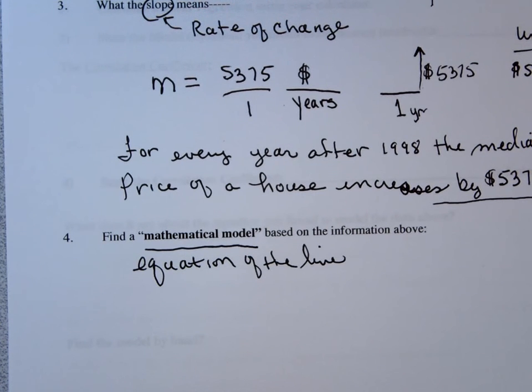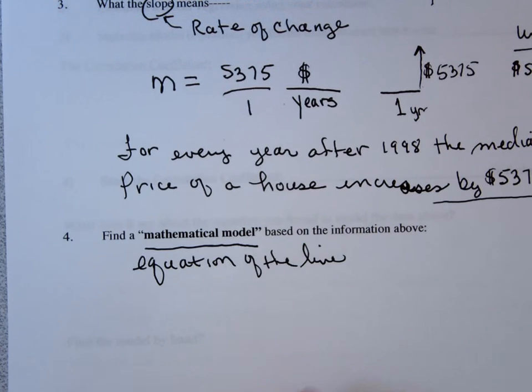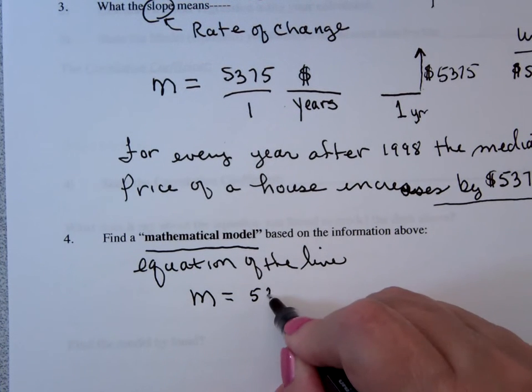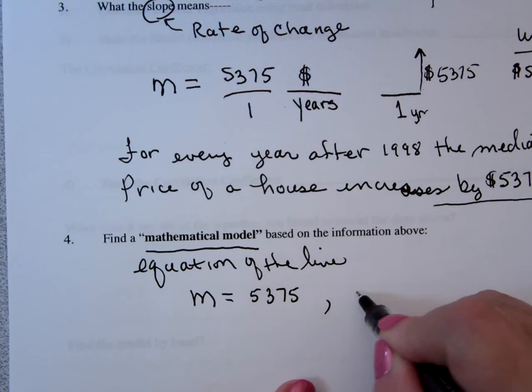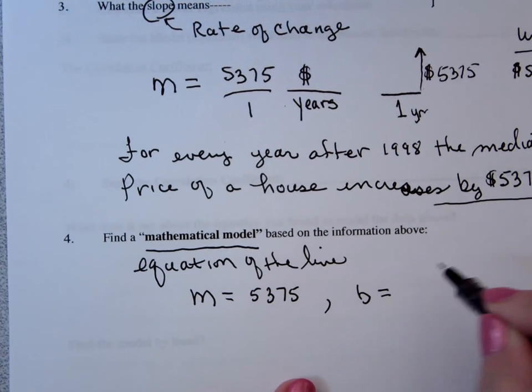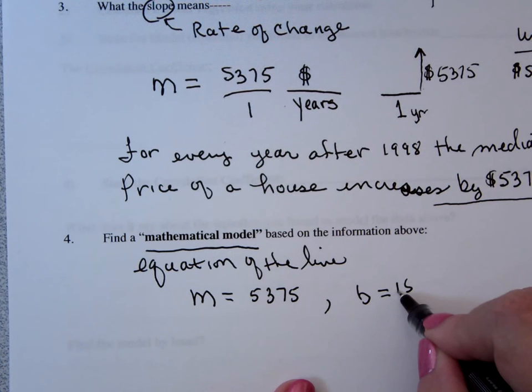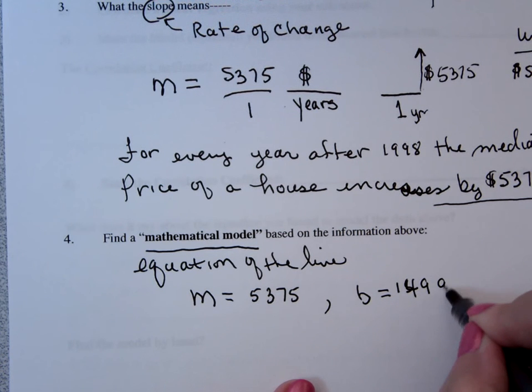But mathematical model. And it's easy enough because I know that the slope of the line is 5375. And I know the y-intercept is, whoops, lost it. The y-intercept is 149,900.